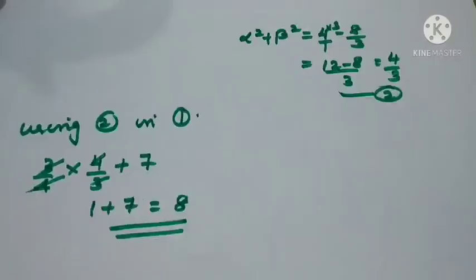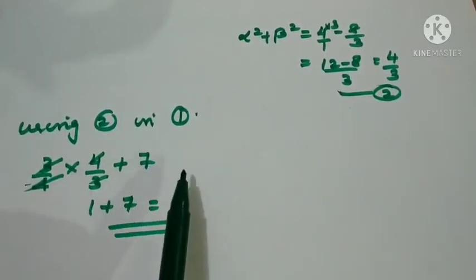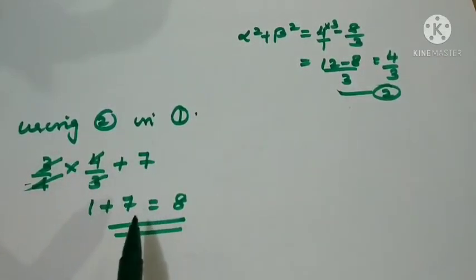Then let us see what the change is. 3 by 4 into 4 by 3 plus 7. So 4 and 3 will get cancelled. So 1 plus 7 equals 8. So here we had to find the value of beta by alpha plus alpha by beta plus 2 into 1 by alpha plus 1 by beta plus 3 alpha beta. What answer did we get? The final answer we got is 8 only.